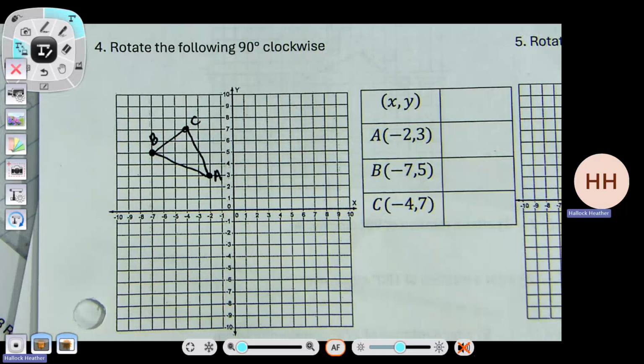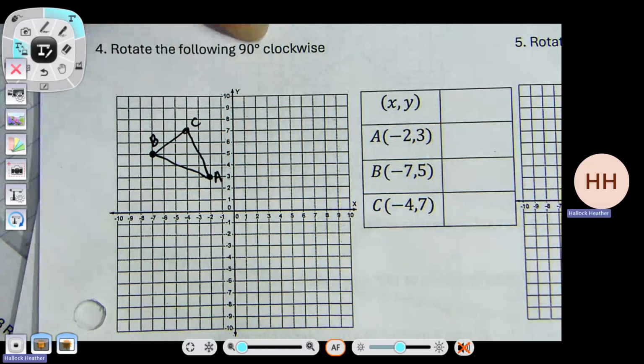And we're using the rule for 90 degrees clockwise. So we're not going to the left, we're going to the right because this time it's clockwise. If you look at your little chart that we just made, 90 degrees clockwise, what is the rule?